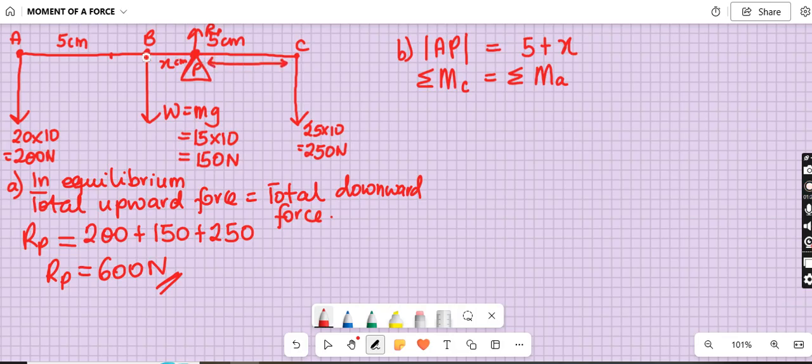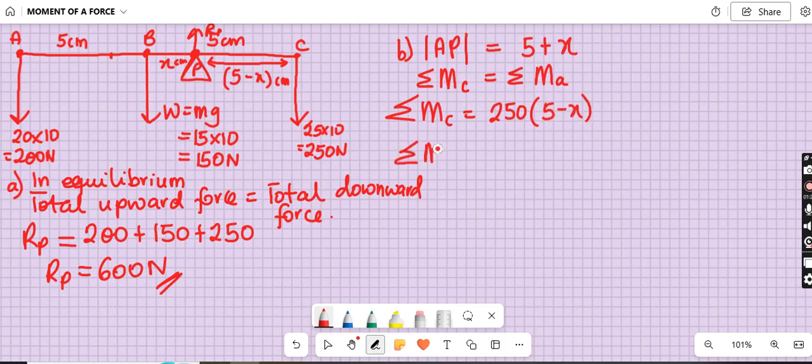We know that from B to C is 5 centimeters, so if we take away X, then PC will be 5 minus X centimeters. So our clockwise moment is 250 times our perpendicular distance, 5 minus X.